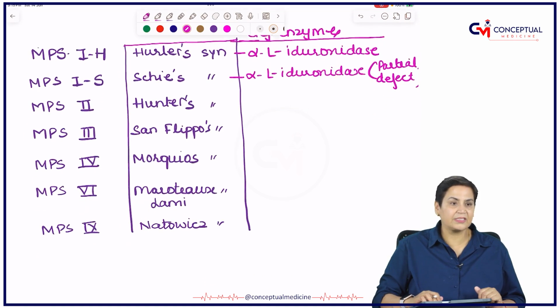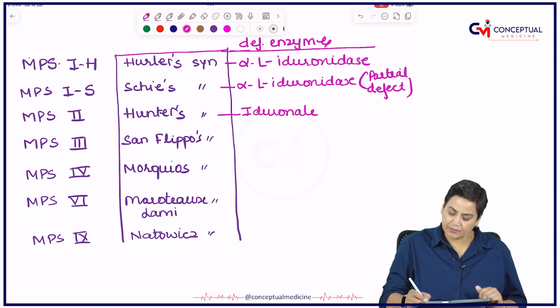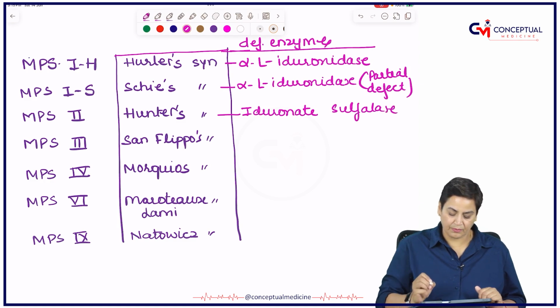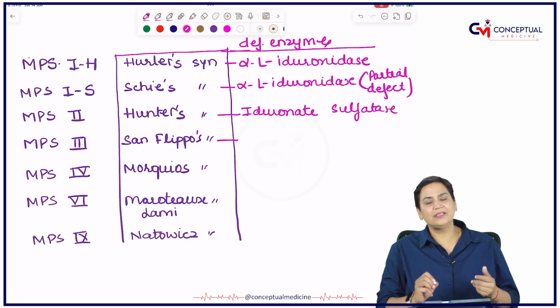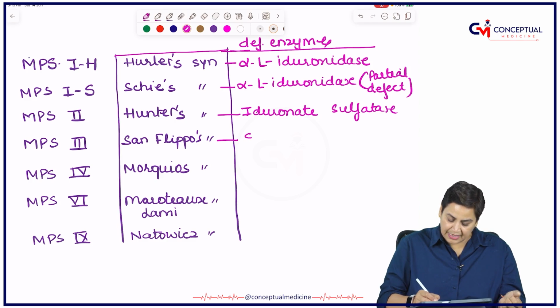In Hunter's syndrome, the deficient enzyme is iduronate sulfatase. In Sanfilippo syndrome, the enzyme is the same as that of heparan sulfate.